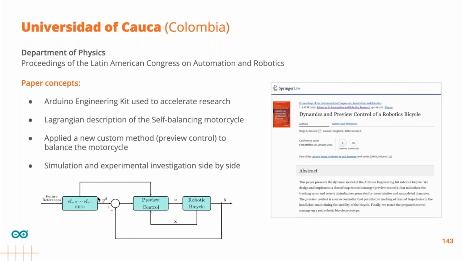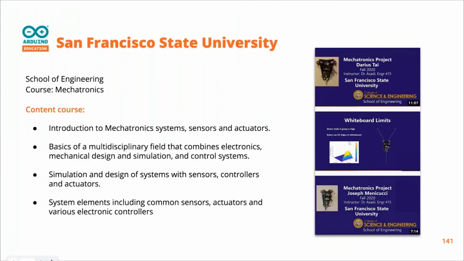And the use case of San Francisco State University also shows one of the options that professors have to use the kits in the current situation, where many schools and universities are starting to be more resilient against, let's say, a pandemic, and they're looking for solutions where they need to continue educating their students in a distant way from home, or distance learning. This is a great scenario of a university using the engineering kit to achieve this.